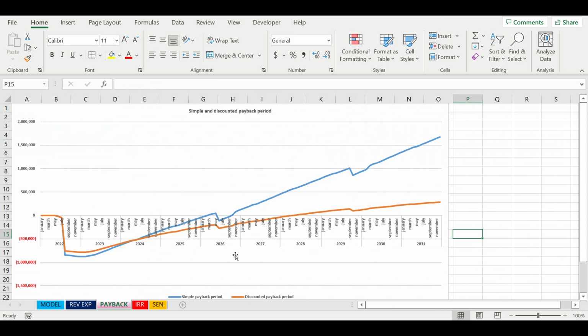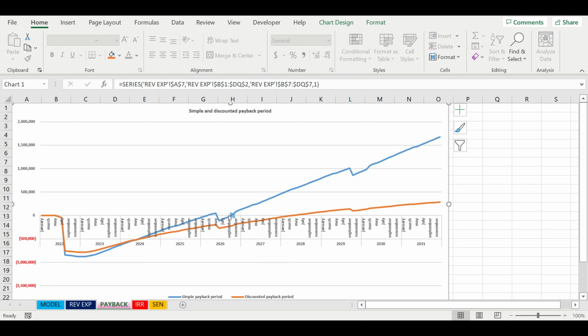Here you can see simple and discounted payback period diagrams. The moment when the diagram crosses the timeline is the moment of payback of our investments, of the money that we invested in the project. This is the simple payback period.